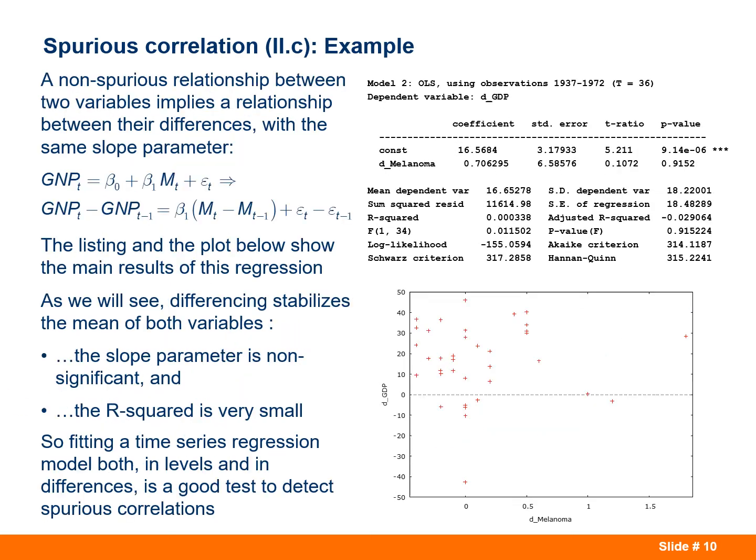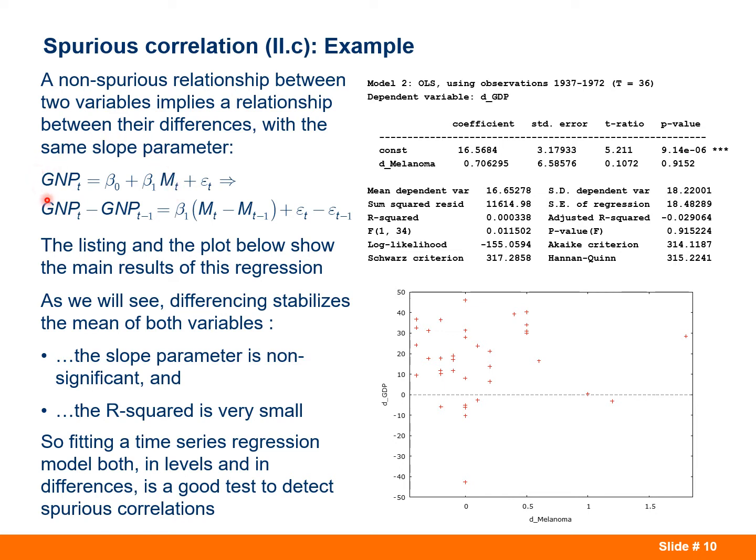So now let's address the key question. How can we distinguish statistically between a spurious and a non-spurious relationship? Assume that the relationship that we considered in the previous model was valid. So M sub t, the number of cases of melanoma, is causing GDP sub t.